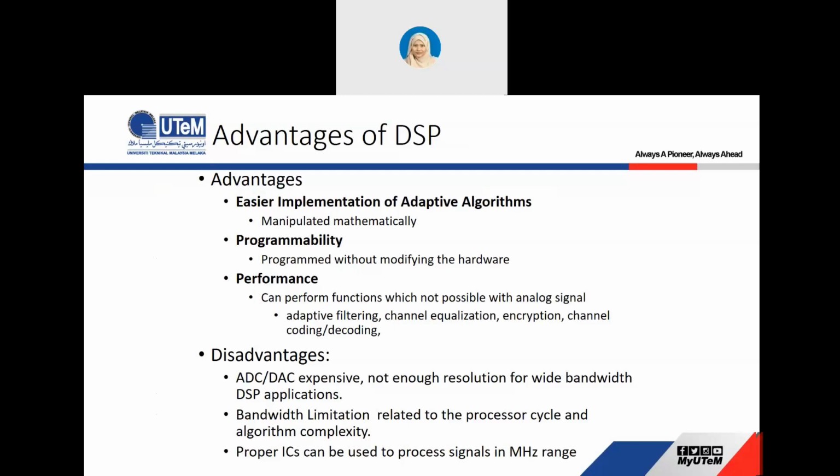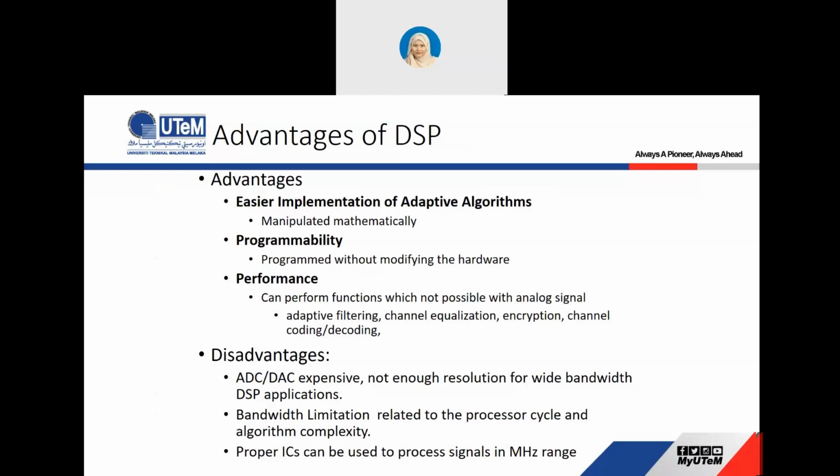But the disadvantages of DSP, of the digital: ADC and DAC are expensive. And if you want a higher resolution and a better, higher sampling rate, you want high performance, it will be more expensive. If low spec, it will not have enough resolution for wideband DSP applications.